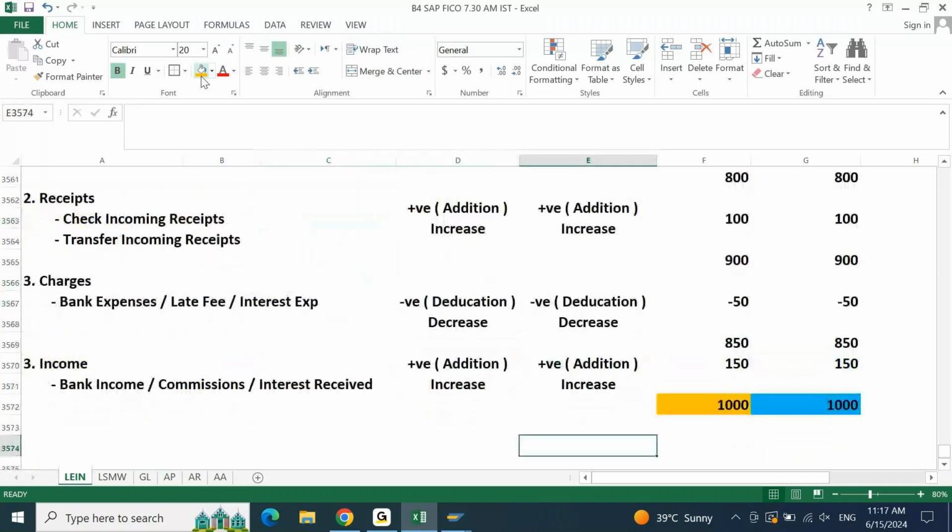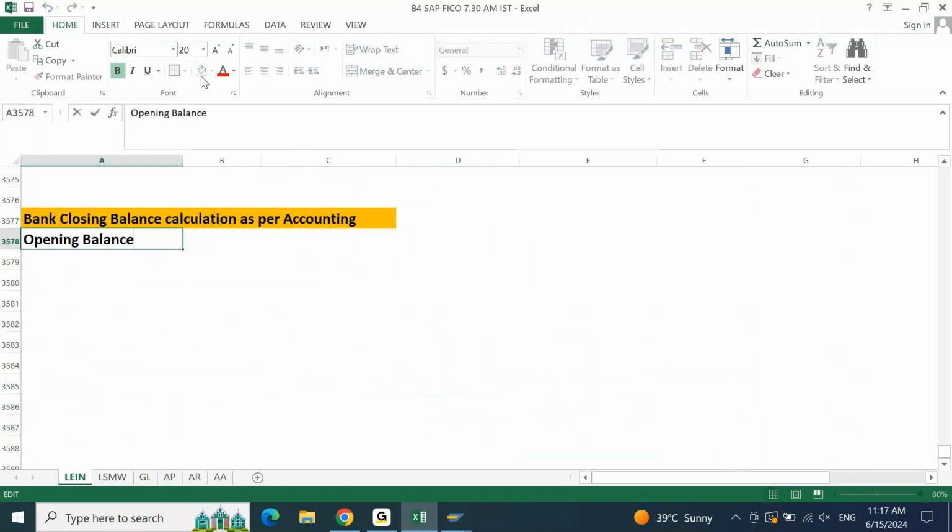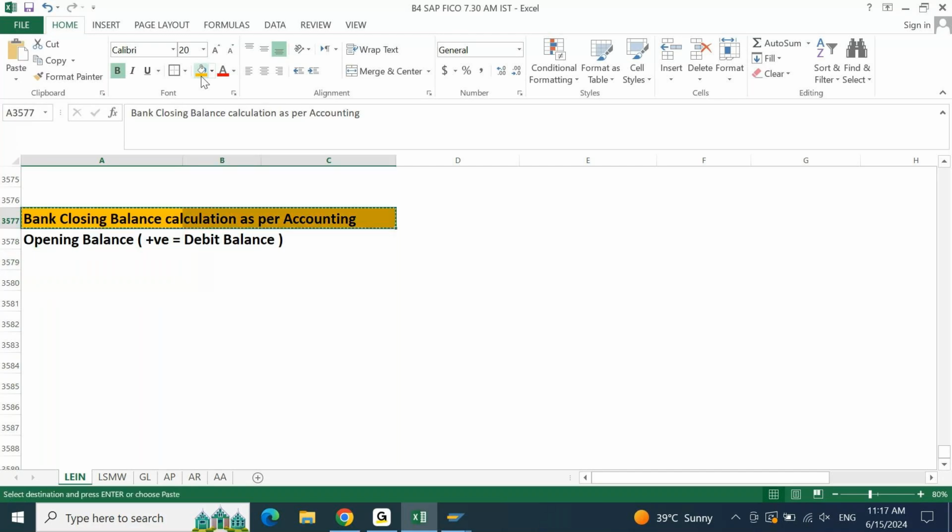When I say opening balance is a positive amount, it means this is a debit balance. Positive is equal to debit balance. Same thing I am going to write here.